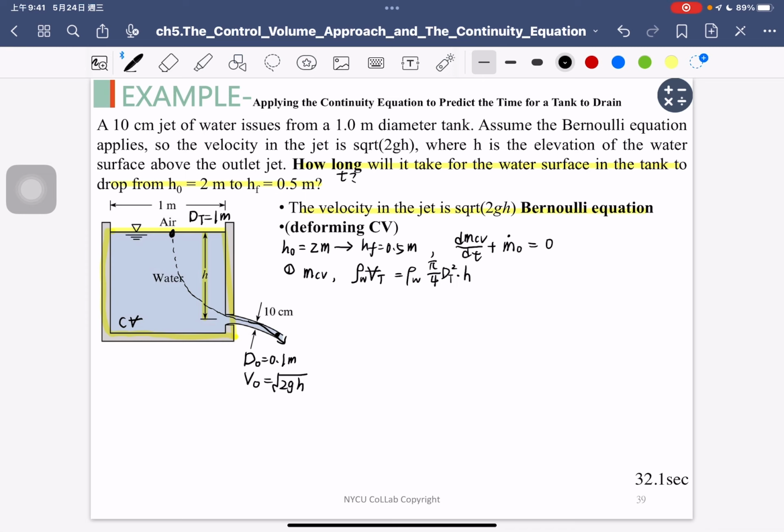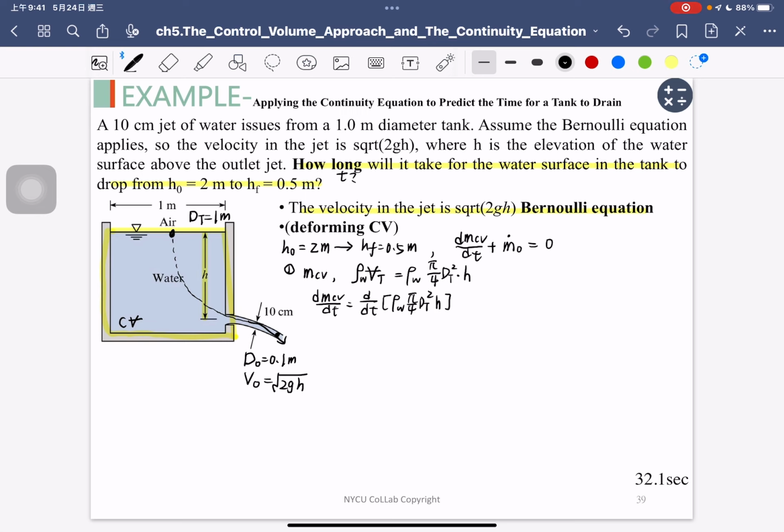Okay, and then the first item we should calculate is dm_CV/dt, right? So we should calculate d/dt of the density times pi over 4 d_T squared times the water depth.